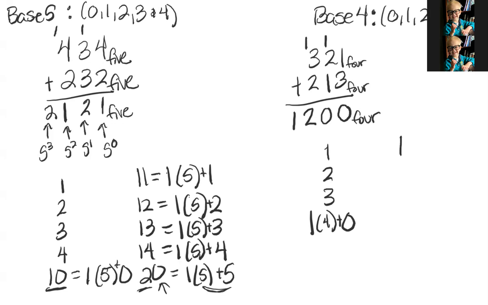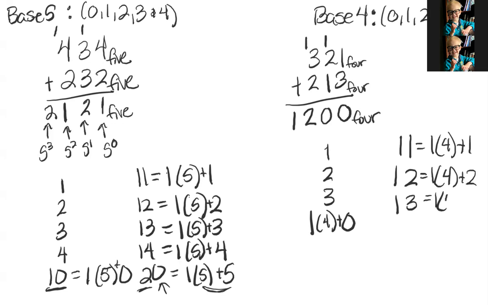Then one group of 4 and 1 left over. One group of 4 and 2 left over. Oops, sorry, I know I wrote 0 and I meant to write a 1. One group of 4 and 3 left over. And then it wouldn't be one group of 4 and 4. One group of 4 and 4 is two groups of 4 and none left over. 2 groups of 4 plus none.